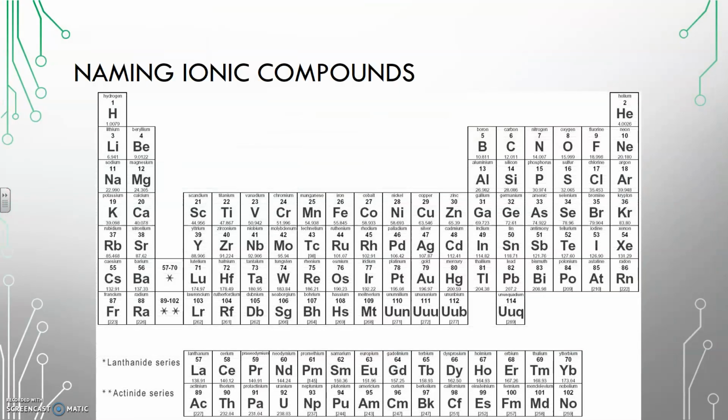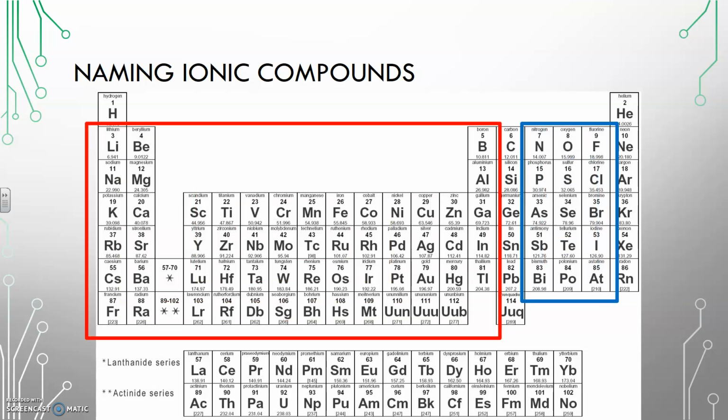All right, so now we get into naming ionic compounds. First, this is a little bit of what I was talking about earlier, how to recognize ionic compounds. You are going to get basically one element from the red box here and one element from the blue. That's a general thing.